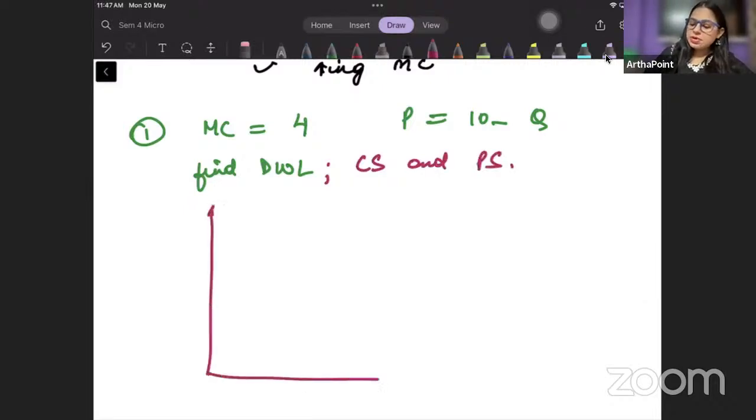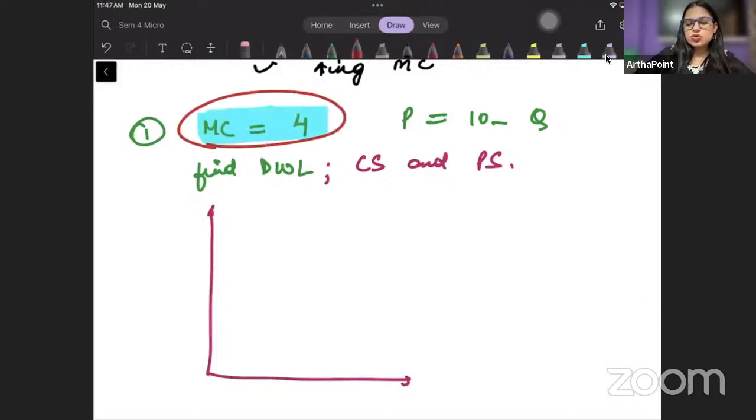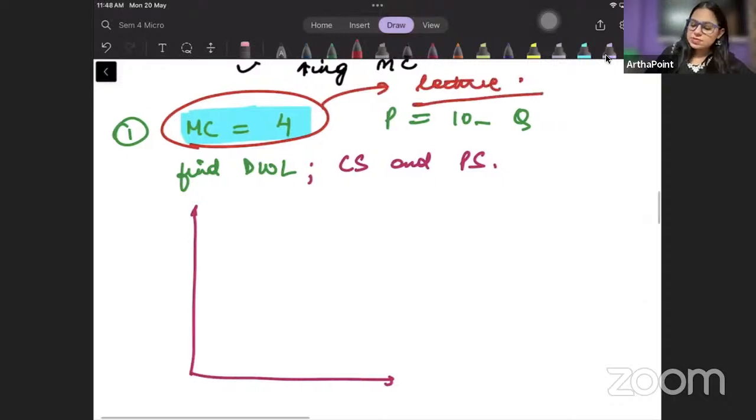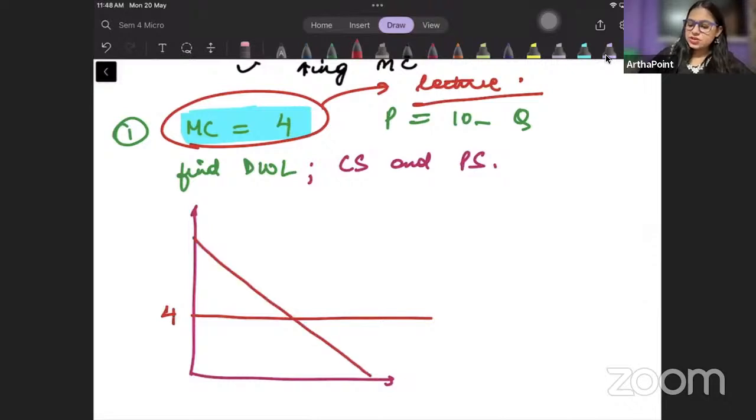So you need to remember that if I have constant marginal cost, again, this question I have discussed in lecture also. So if you have constant marginal cost, your marginal cost is this, and your price function is this demand function. This is your AR curve. This is 10 here and 10 here. And just below this, this will be your MR curve, isn't it?